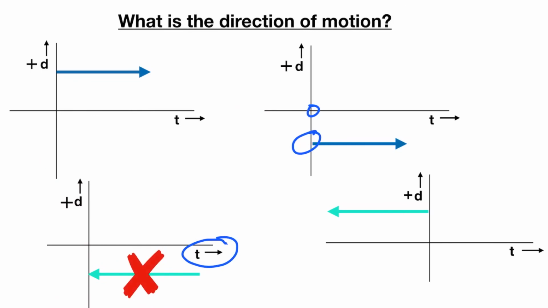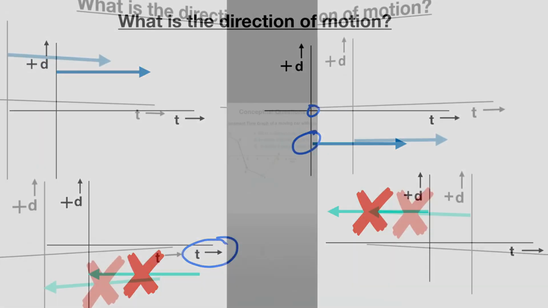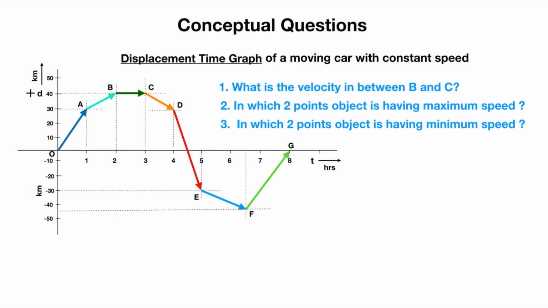Similarly, this graph is also not correct. Remember, time cannot go negative or decrease. In all our examples, time is always increasing. The displacement can increase, decrease, or become zero, but time cannot. So take care of it, and that's all I have.